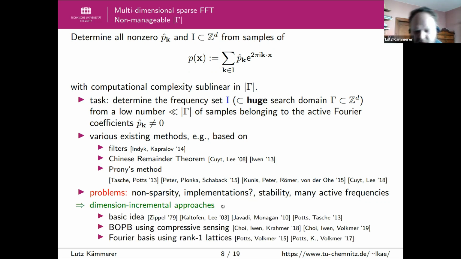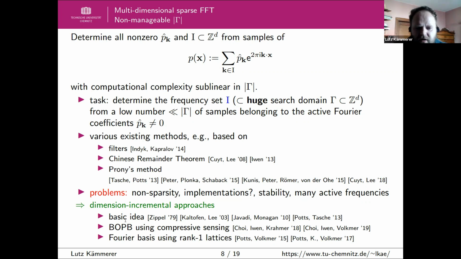Okay, and one way out of this is some dimension incremental approach. The basic idea goes back to the 70s, and there are several papers that use several reconstruction methods for functions in these steps. I will show you the steps on the next slides.